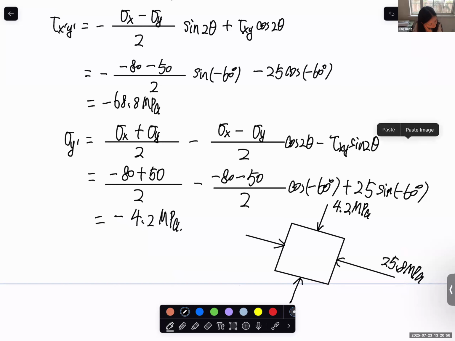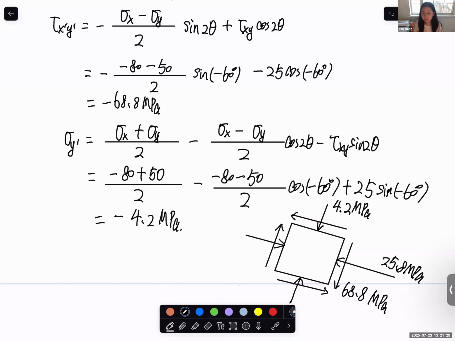Tau X prime Y prime also negative, so this is the tau XY, 68.8. And of course, if this is tau XY prime on the positive X plane, the other planes can be easily identified this way, because your square cannot rotate in 2D. It should be in equilibrium.